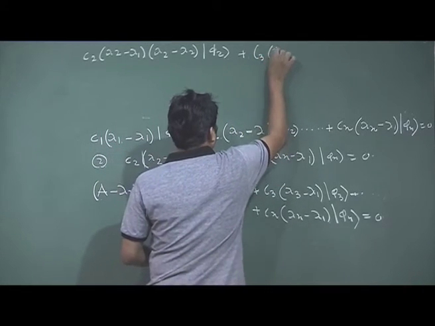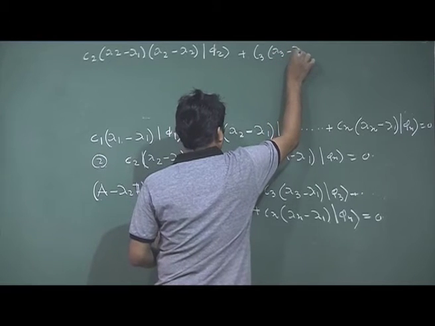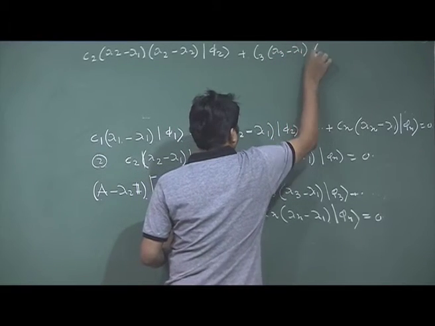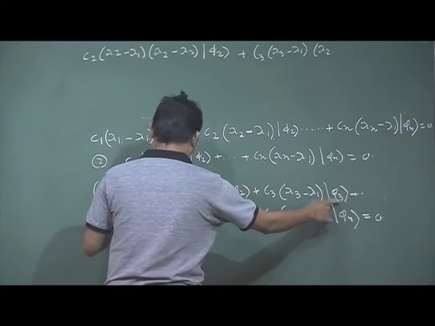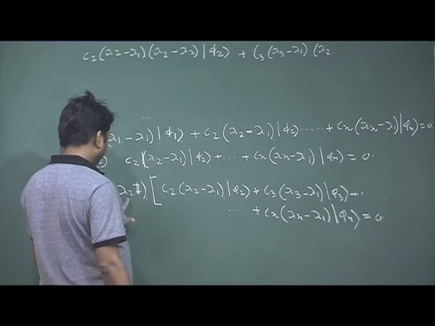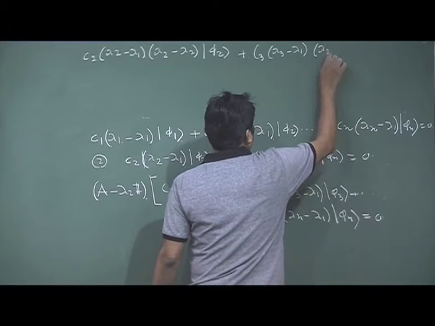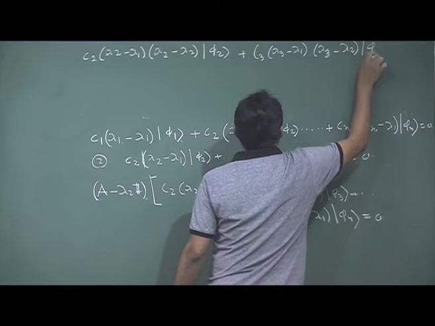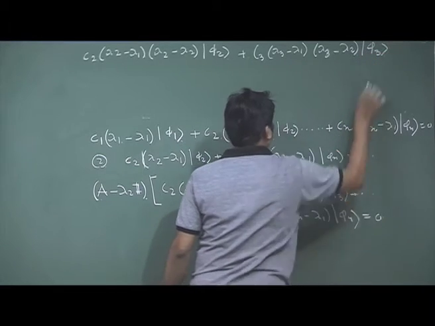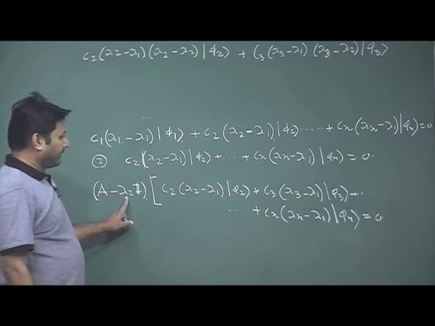C3 (lambda 3 minus lambda 1), then A over that, so lambda 3 minus lambda 2 and then phi 3, and so on.